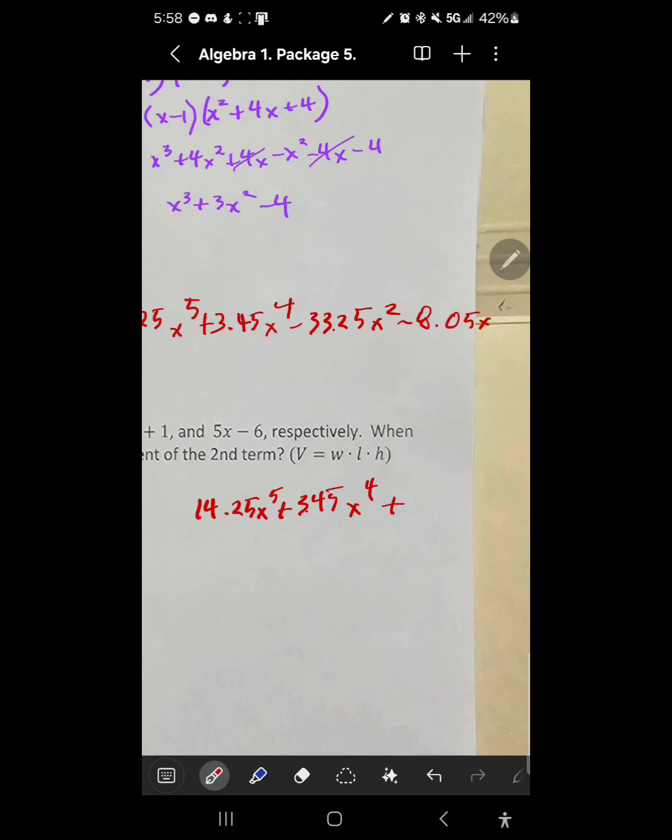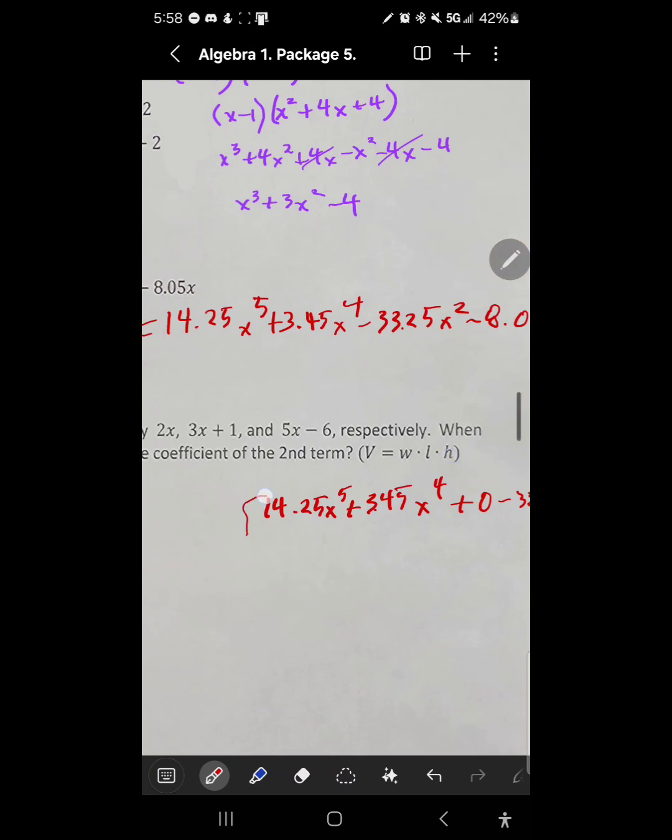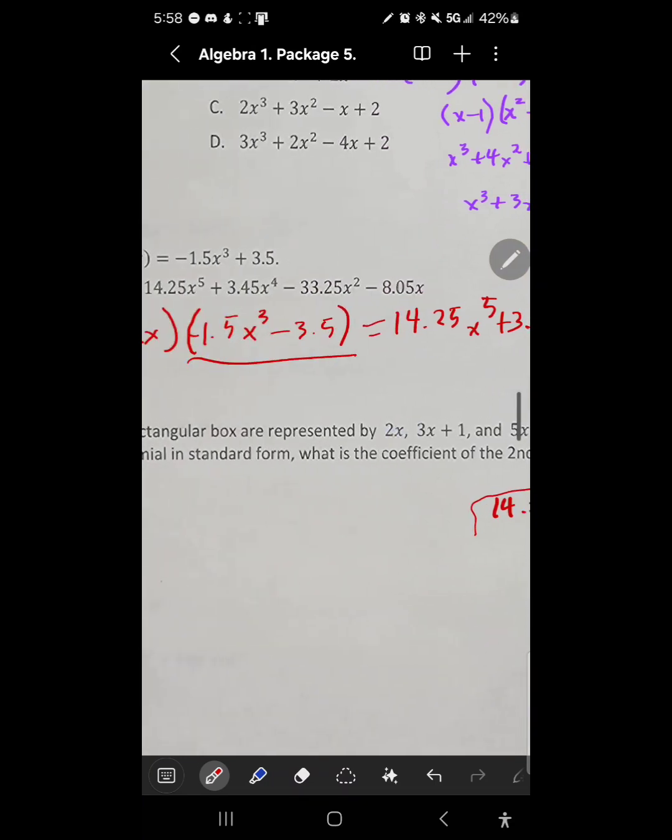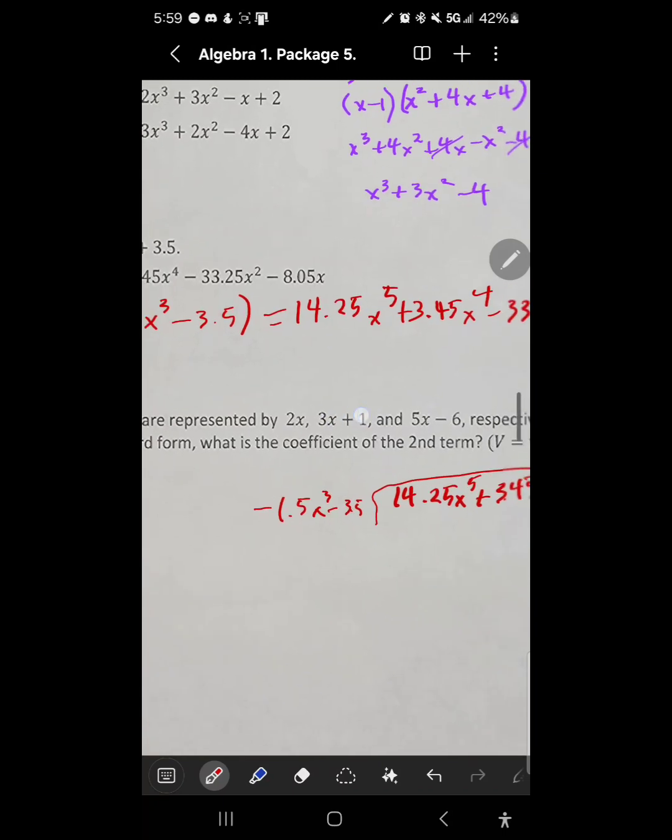For that one, I will put a 0, plus 0, minus 3.25x squared minus 8.05x. And now you understand why I put a 0. And then we divide all this by this term, which is negative 1.5x cubed minus 3.5.